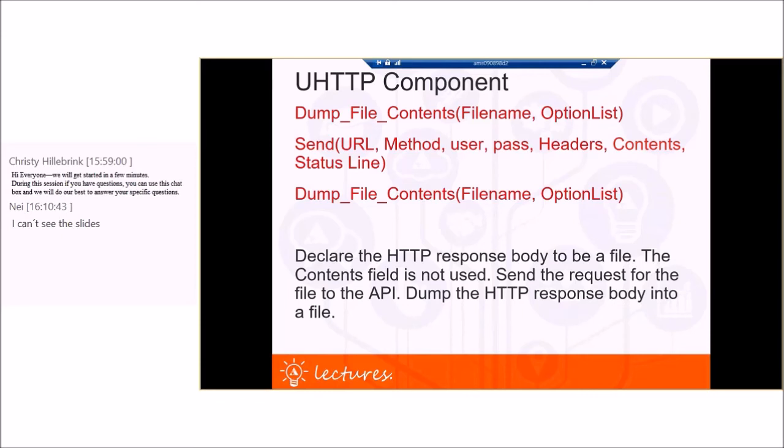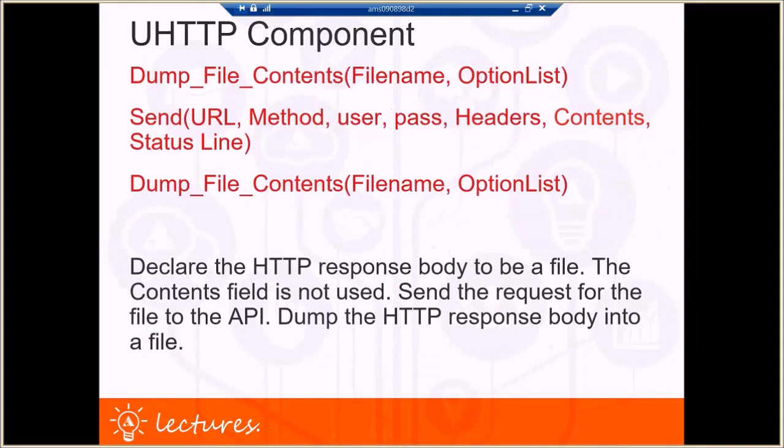And then you call it again after the send, and that will actually transfer the response body that was received back by the send operation into the file name specified in the dump file contents. So the file is completely transferred.